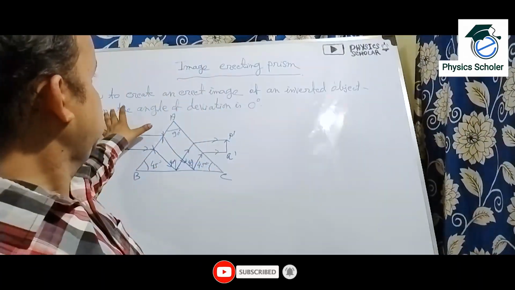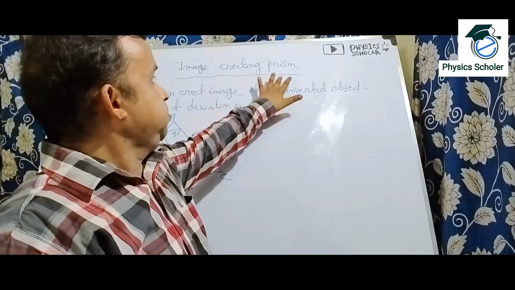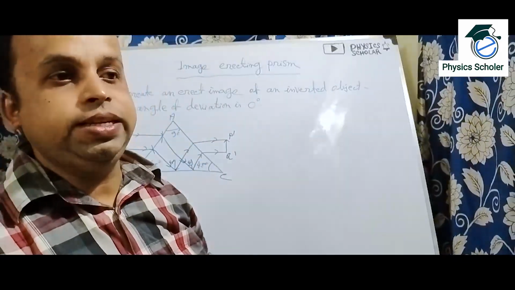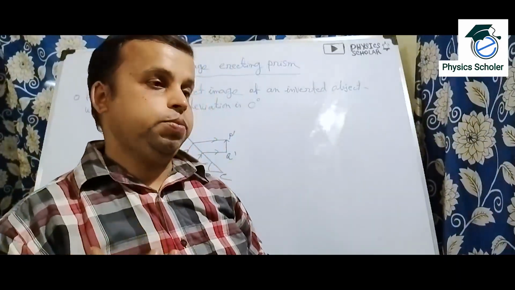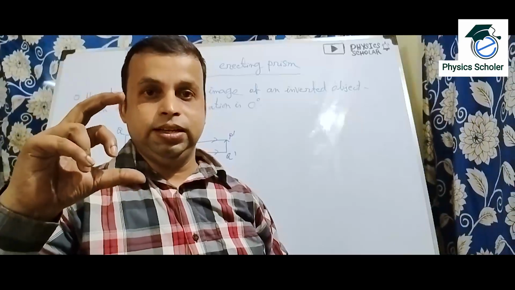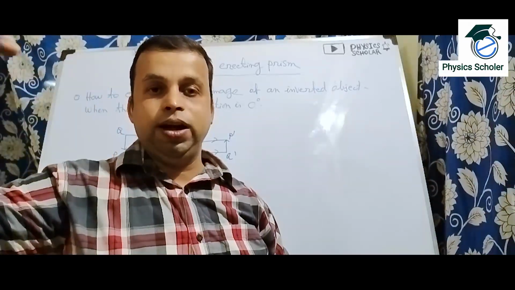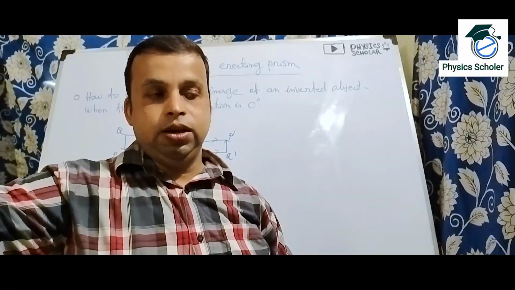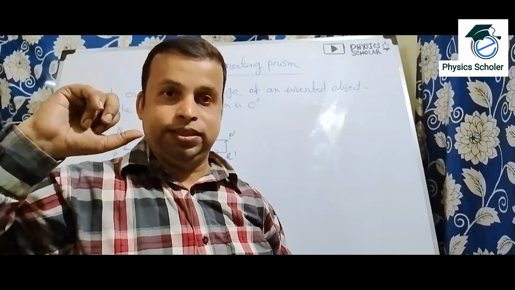Image erecting prism. What is actually an image erecting prism? It means, suppose the object here is inverted, but we want an image where the image will be erect. Clear?